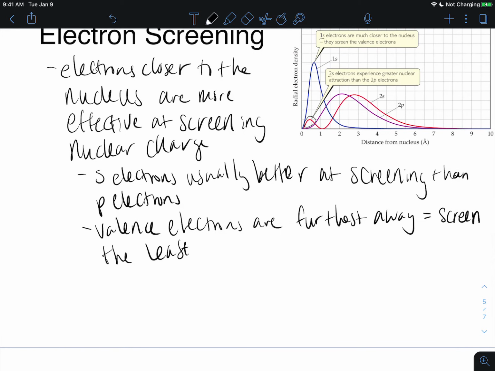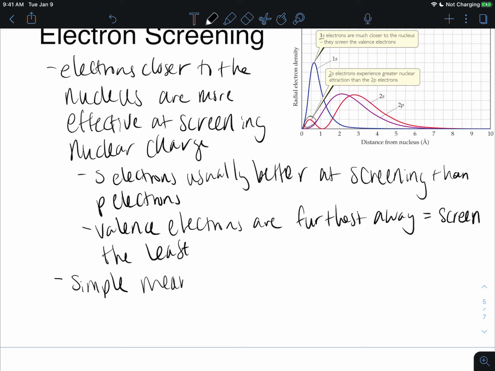Now, lots of calculations can be done to do this. Very much more advanced calculations can be done, but we're going to use a simple means of calculating our effective nuclear charge, or determining our screening constant.